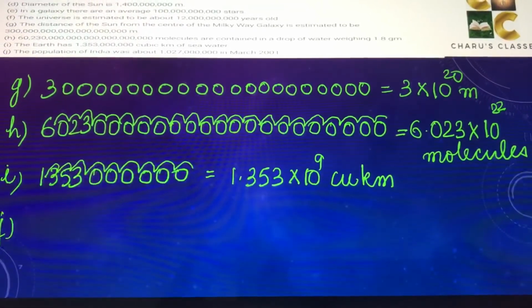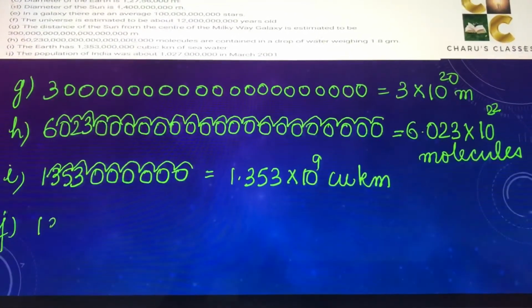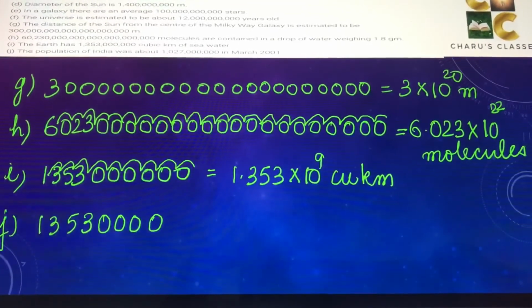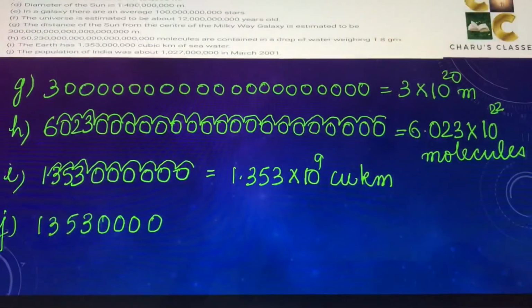J part, the population of India was about this much in March 2001. I'm sorry.